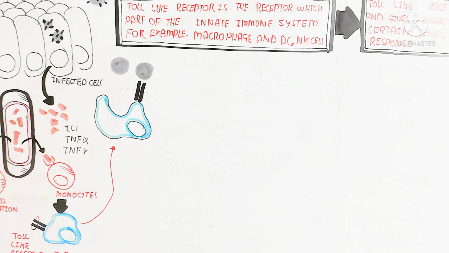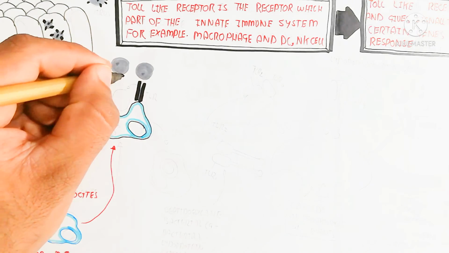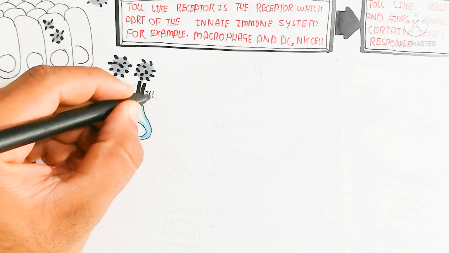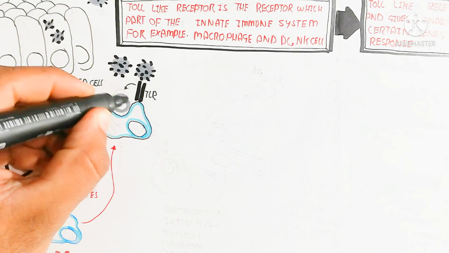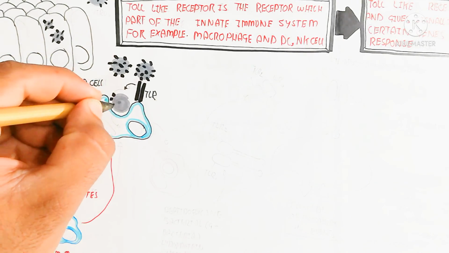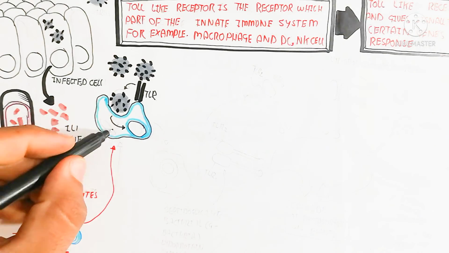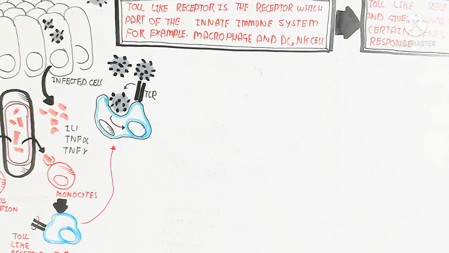After the detection, it will lead to a cascade of phosphorylation as well as endocytosis. The cascade of phosphorylation will lead to activating the innate and adaptive immune response, as this is an antigen presenting cell.